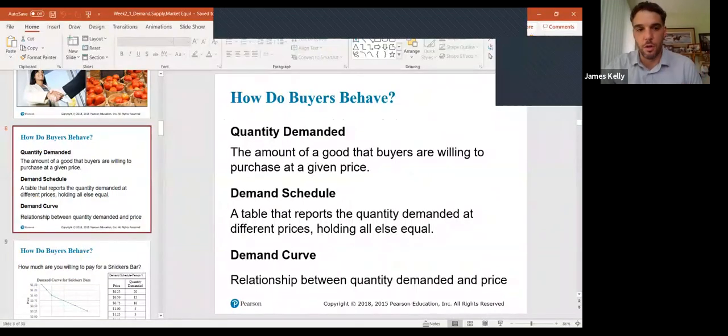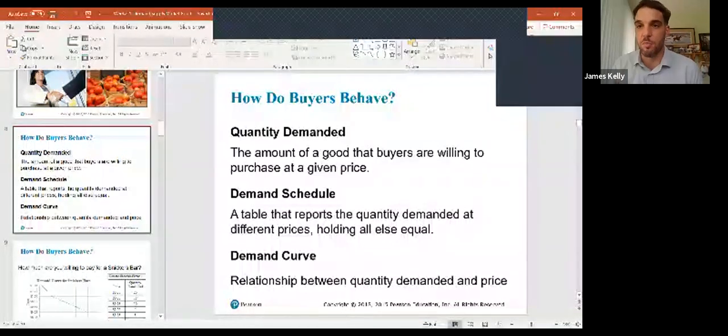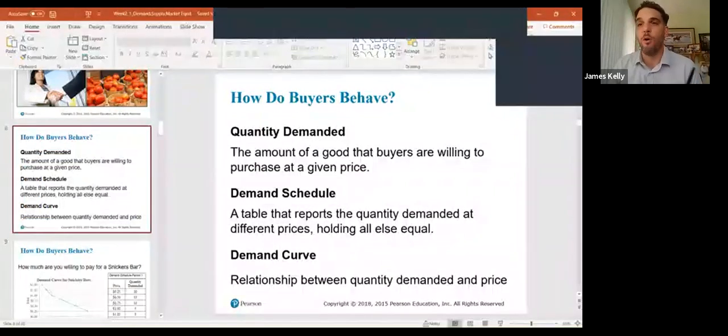Typically, when we draw a graph of demand, we're using a demand curve. You can also represent it with a demand schedule, which is just a table where you have your quantity in one column and the associated price in the next column, where the price tells you how much quantity is demanded at that price.